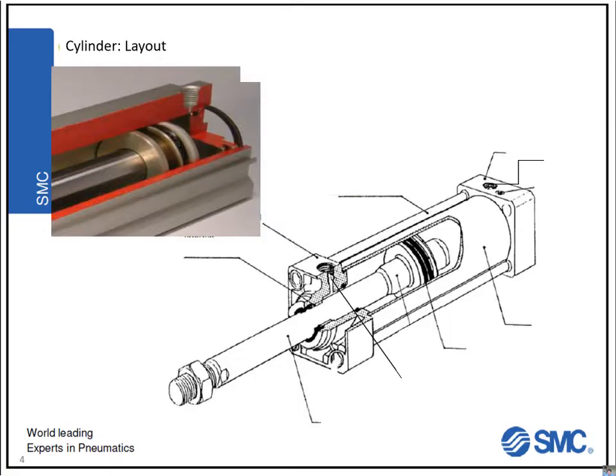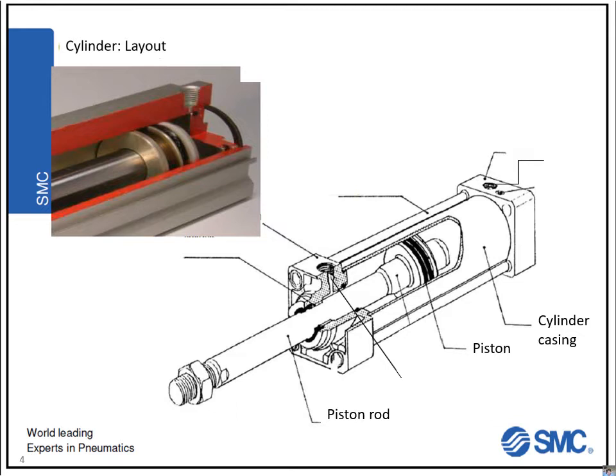So let's continue and discuss the layout of a cylinder. Like you can see over here, I brought the cylinder. I think this one is especially used for air, but the basic principles do not differ a lot from hydraulic cylinders. So let's discuss these. The most important part of the cylinder is the piston, and this piston is connected to a piston rod, and of course it's mounted within the cylinder.